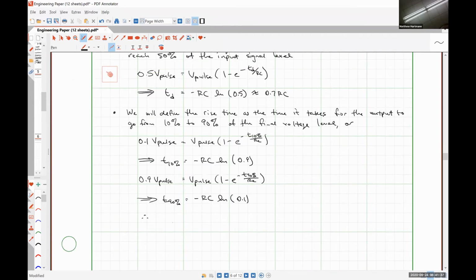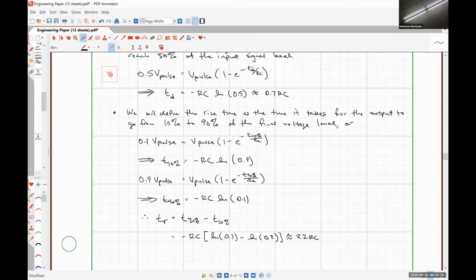And our rise time, TR, is simply t 90% minus t 10%, which is negative RC times the natural log of 0.1 minus the natural log of 0.9, which is approximately 2.2 times RC.